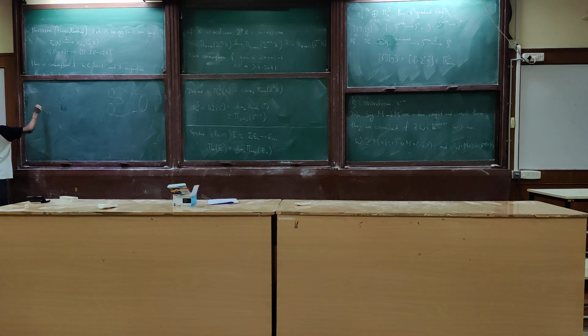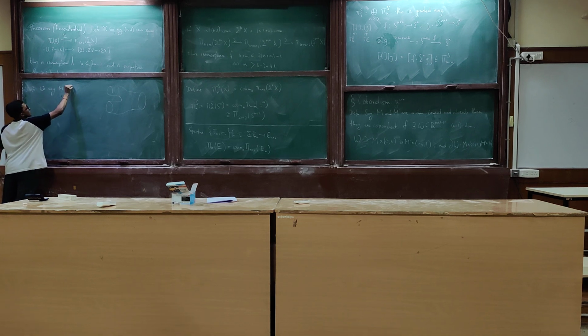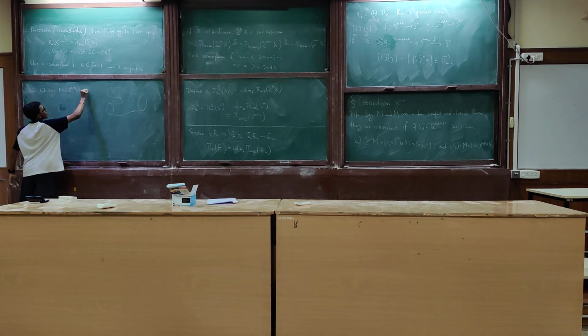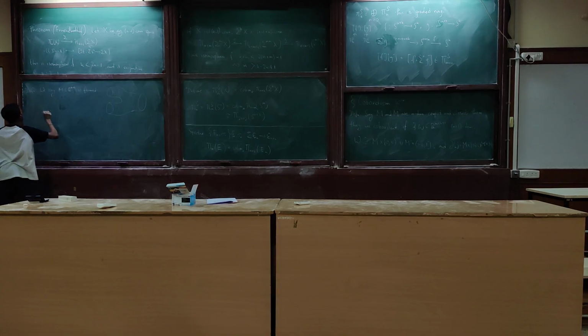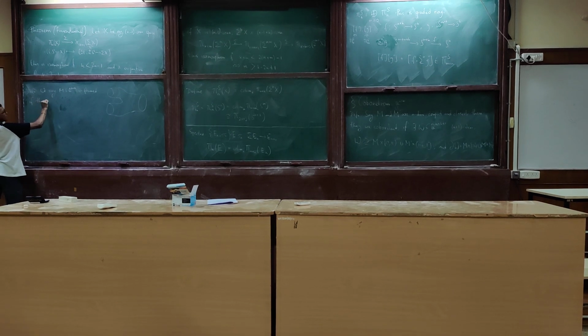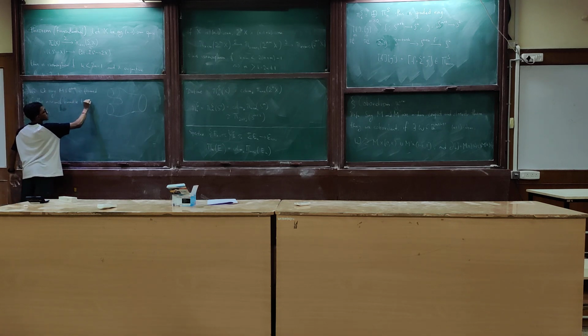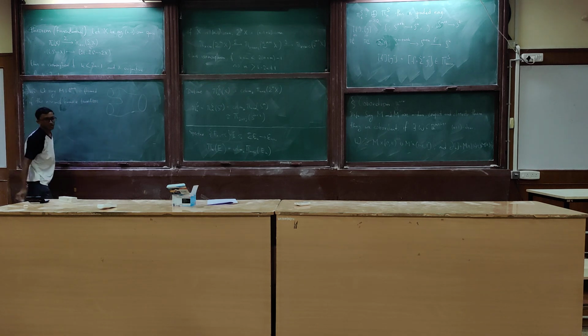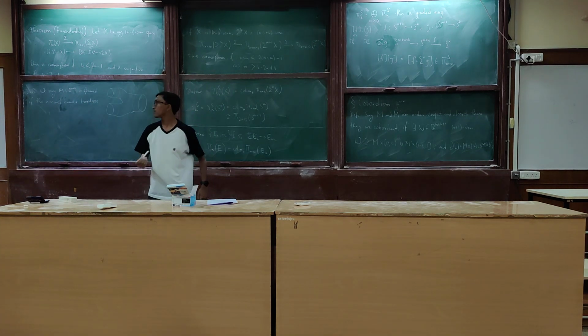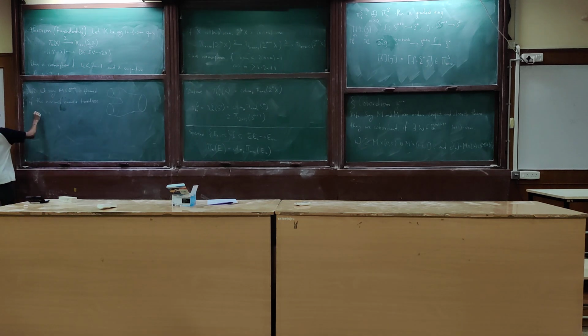So, definition: we say M in R^(n+k) is framed if the normal bundle, which I will denote by nu, is trivial.